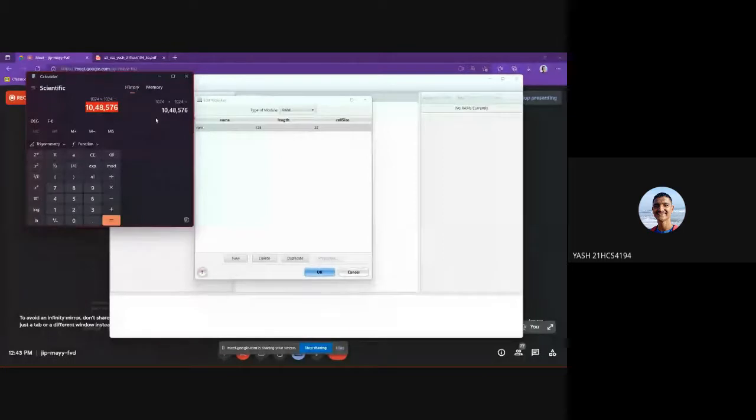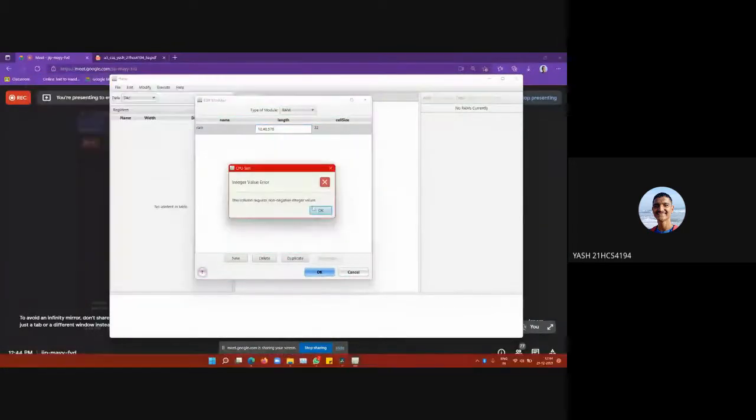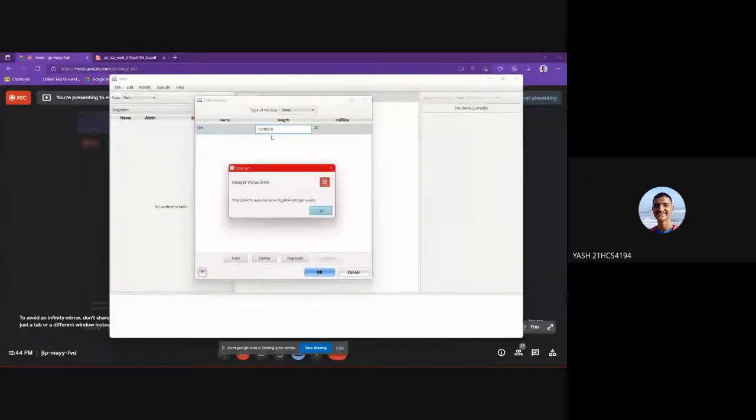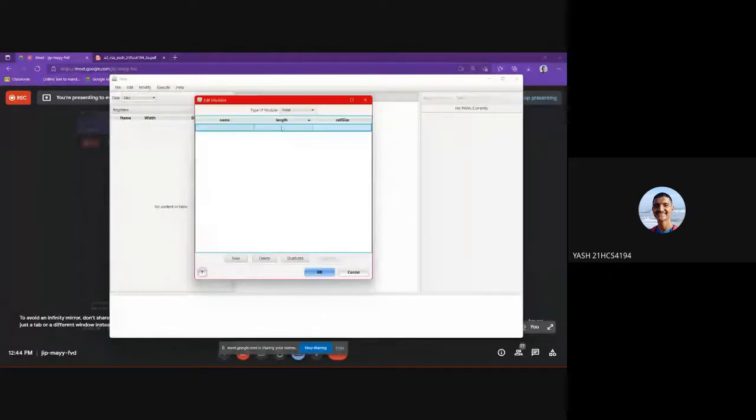If I copy it over here, this column requires, okay, there are commas, that's why it is showing error. If I remove the comma, 1048576.